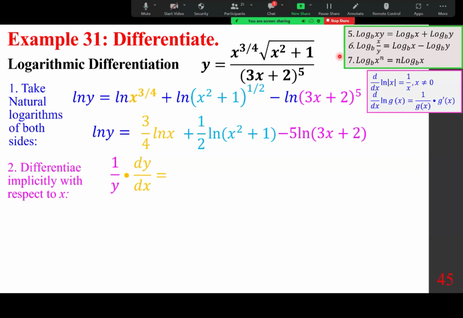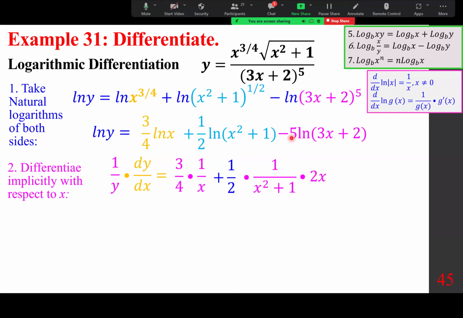All right, now 3/4 times 1 over x. This one is plus 1/2 times, flip this over, 1 over x squared plus 1, and then times 2x, okay? Times 2x, everybody. This is by the chain rule.